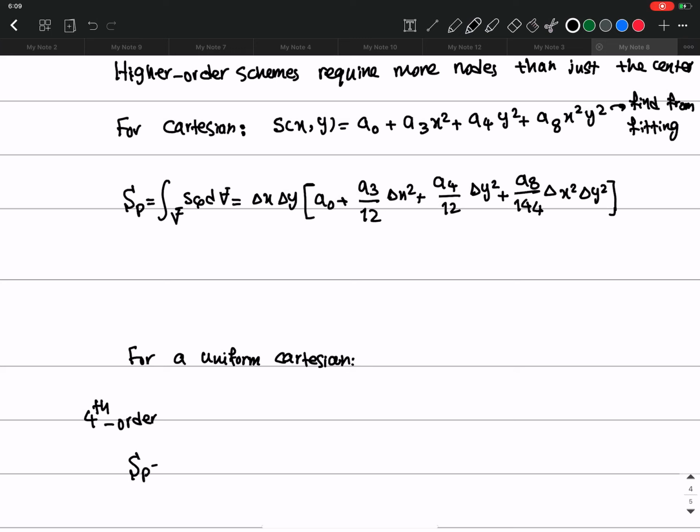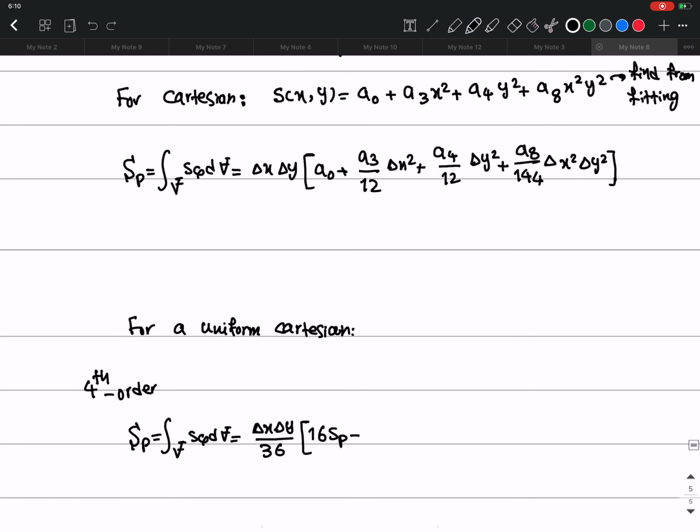So we have SP, the integral over the volume of S phi dV, is going to be delta x, delta y over 36 times 16 SP plus 4 SS plus 4 SN plus 4 SW plus 4 SE plus SSE plus SSW plus S northeast plus S northwest. Let's see what these are.